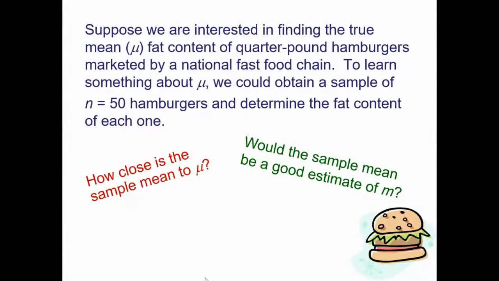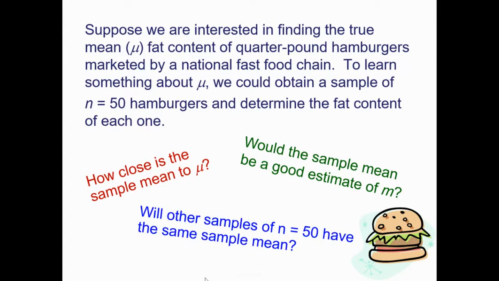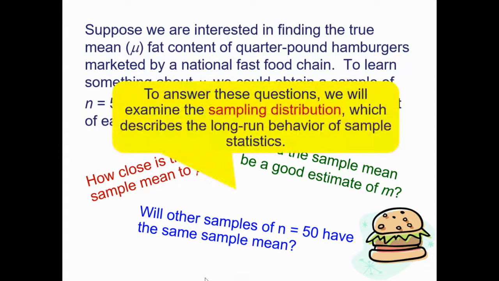How close to the actual mean is our sample mean? Will other samples have the same mean? To answer these questions, we're going to examine the sampling distribution, which describes the long-run behavior of sample statistics.